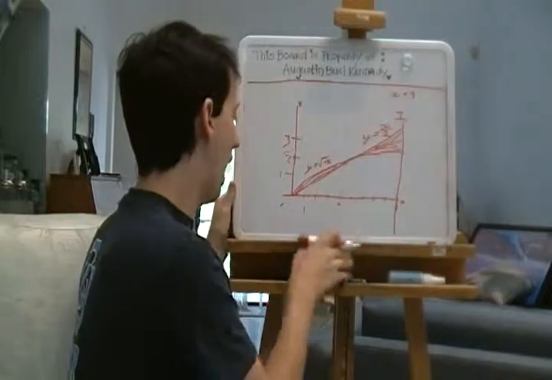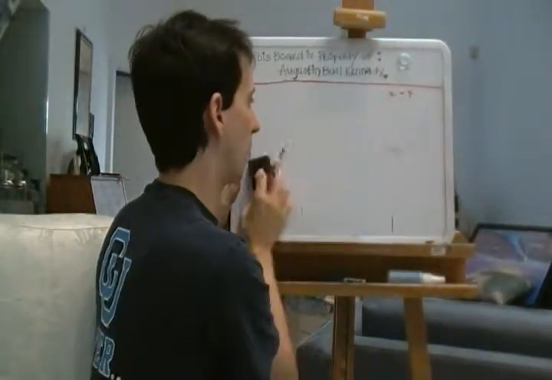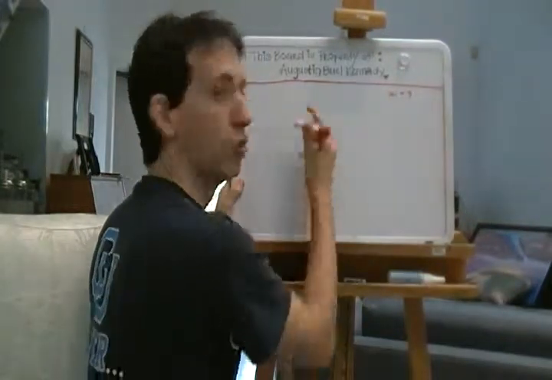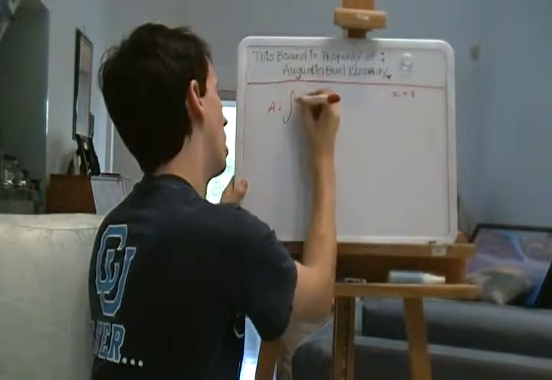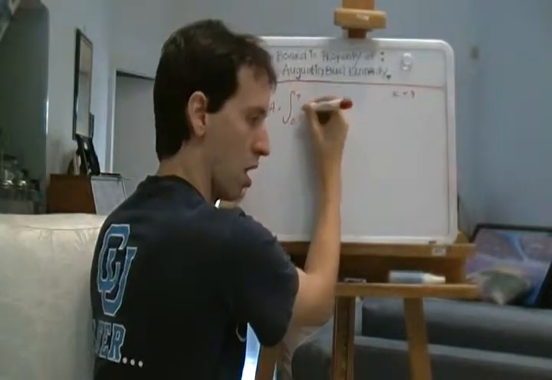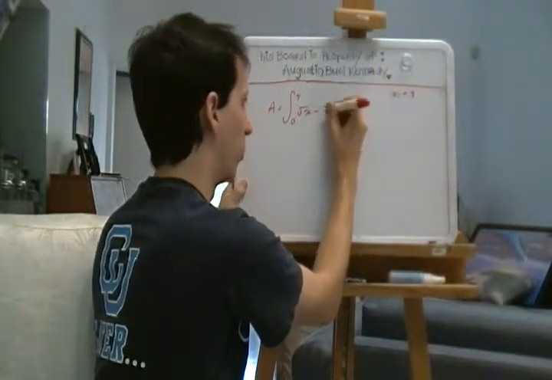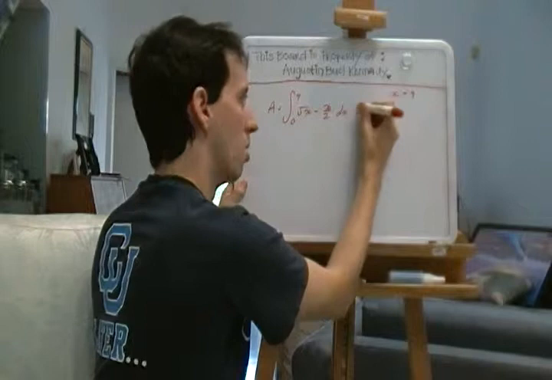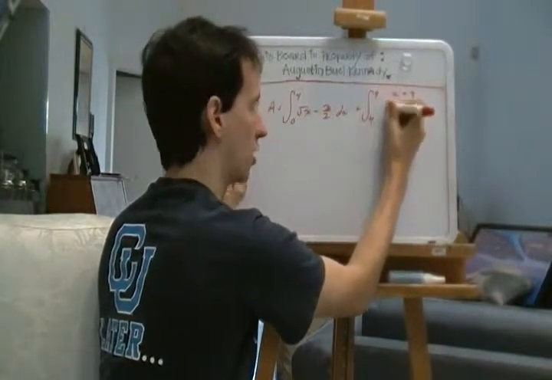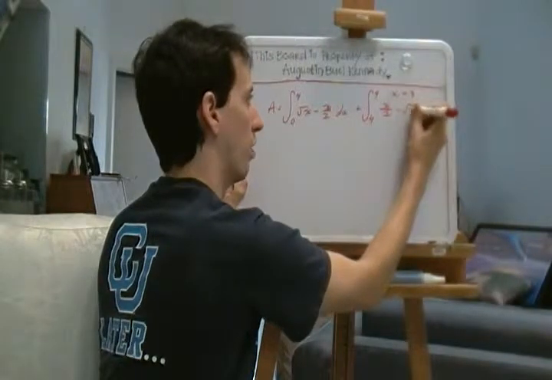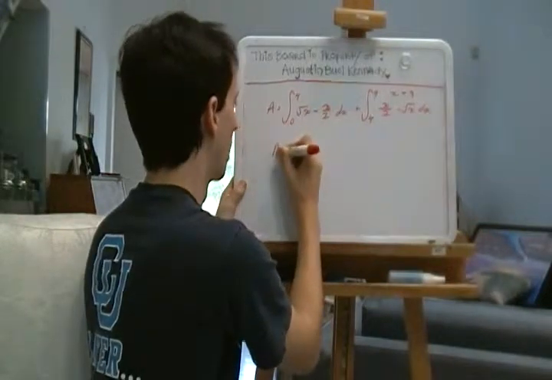So A equals the integral between 0 and 4 of square root of x minus x over 2 dx, plus the integral between 4 and 9 of x over 2 minus square root of x dx. Let's go ahead and integrate them.